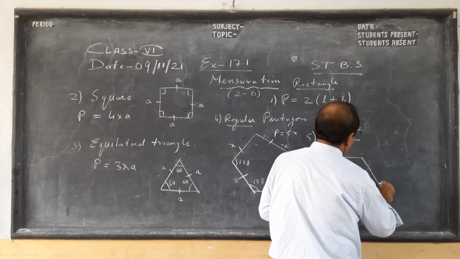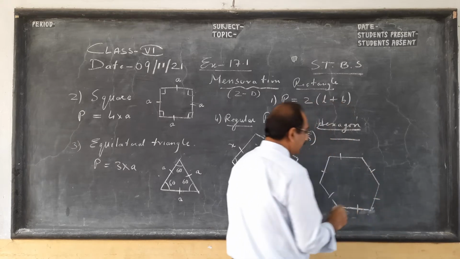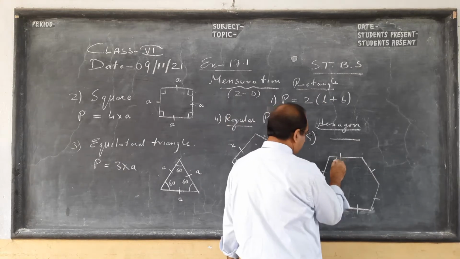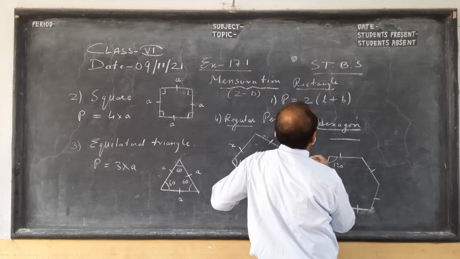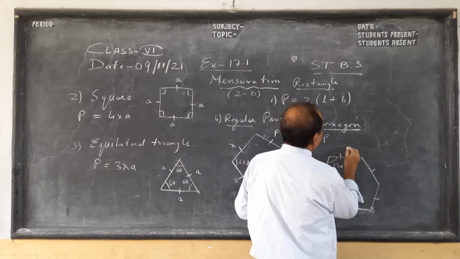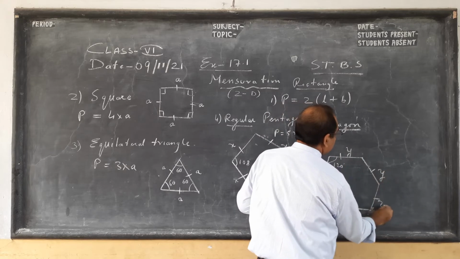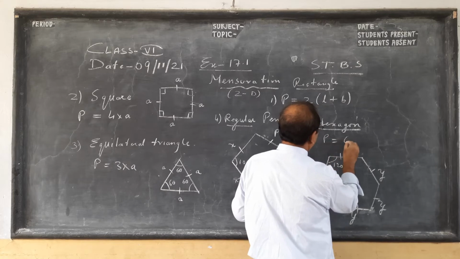So here it comes and here. So hexagon has 6 sides. Regular means all 6 angles equal. It's 120 degree each, you will see in class 9. So hexagon, if I want to find perimeter, let the side be y. So there are 6 sides, children. Hexa means 6. So it is 6y.